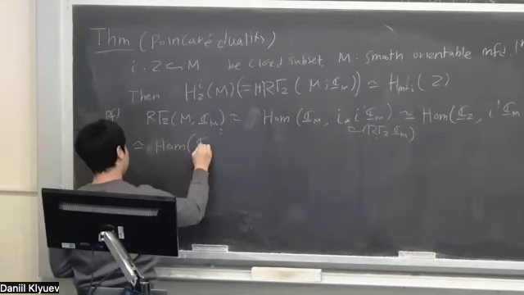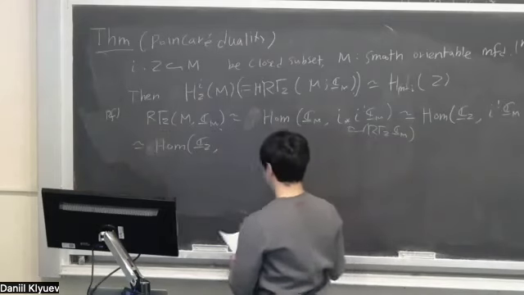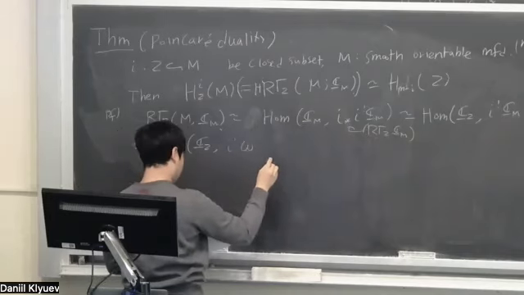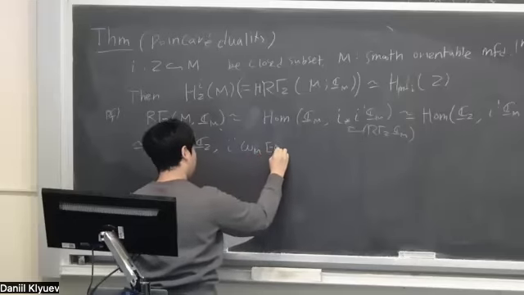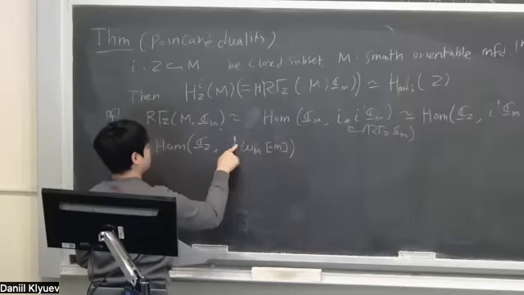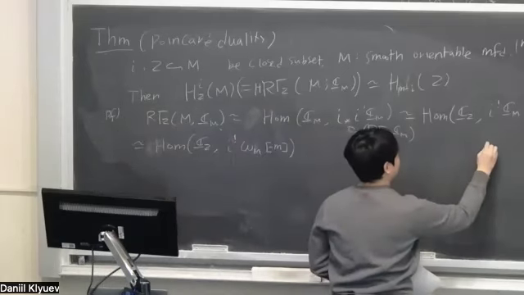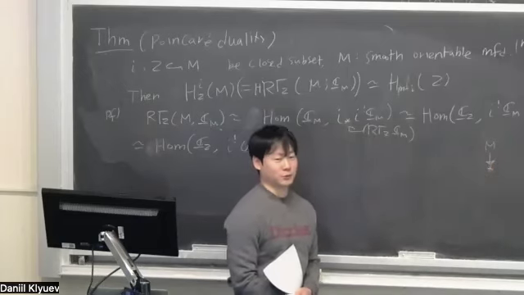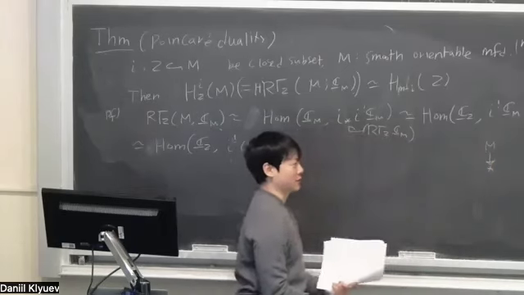And then we get C_Z, and i^! C_M is actually isomorphic to i^! of omega_M with negative shift, because M mapping to a point is a smooth fiber bundle with orientable fiber.